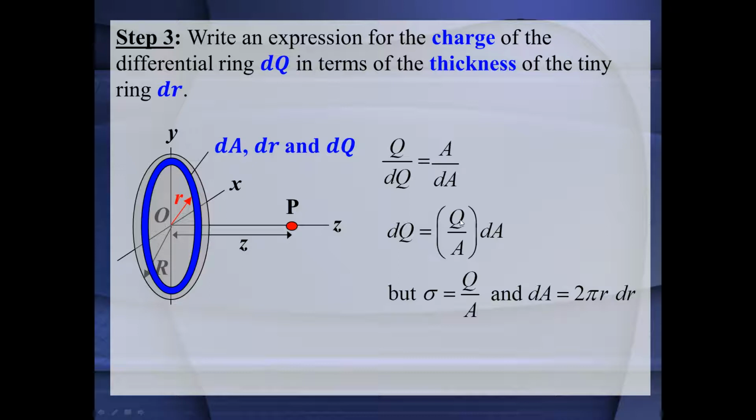We'll replace Q divided by A with sigma, and we'll replace dA with 2 pi r times dr. So if I do that, I would then have an expression for the charge in that infinitely small ring, and that's dq is equal to 2 pi r sigma multiplied by dr. Again, that's the charge in one of those infinitely small rings that makes up the entire disk.